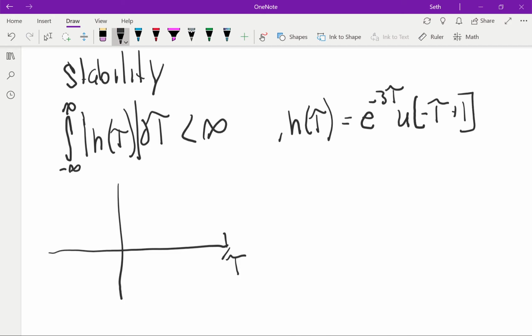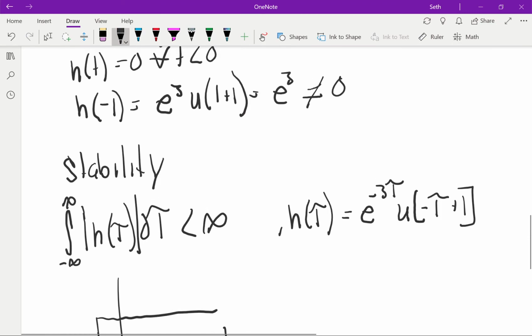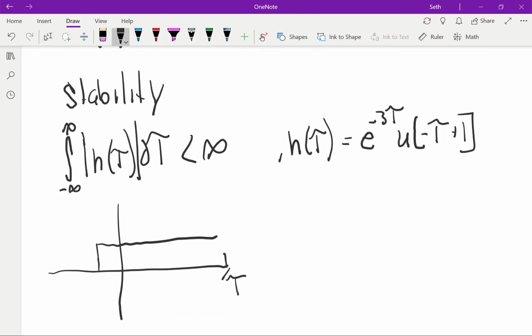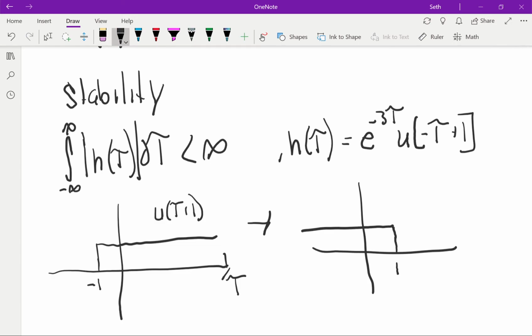Okay, so as always, when we're doing a transformation like this, we're going to shift the function first. So this is u of tau plus 1, and this is u of minus tau plus 1, because we just reflected this graph.